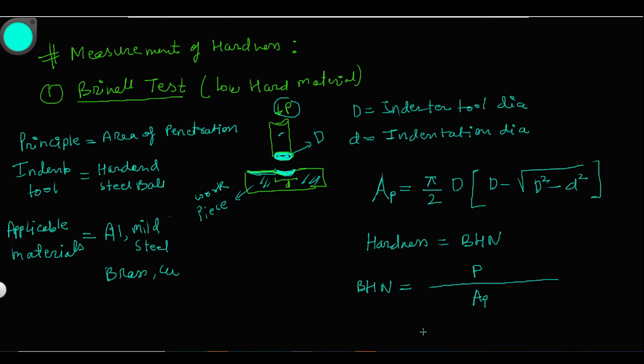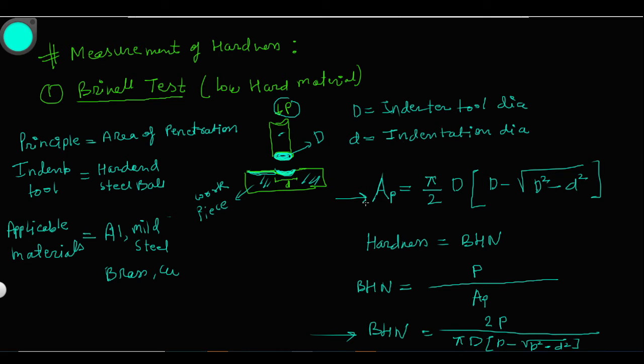So, just writing the formula: the force we apply on the indenter tool over pi by 2 times D into capital D minus root under capital D square minus small d square, so the 2 comes up, giving 2 pi D into that. So this is the Brinell hardness number, BHN. So remember this BHN.